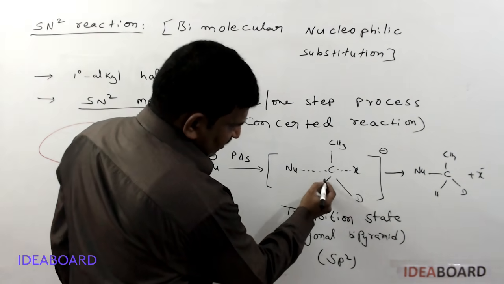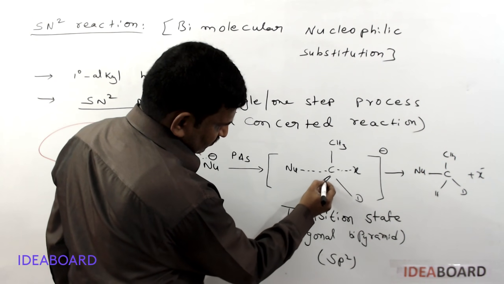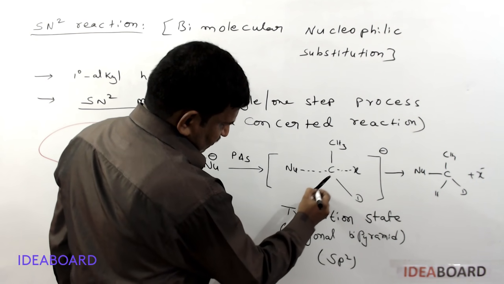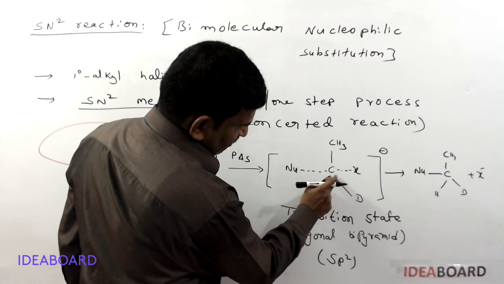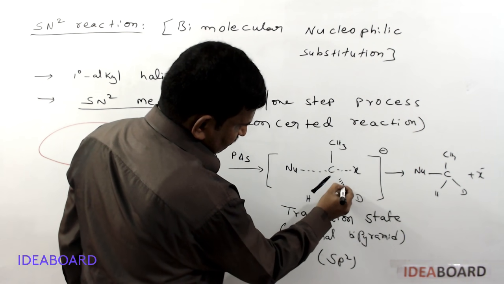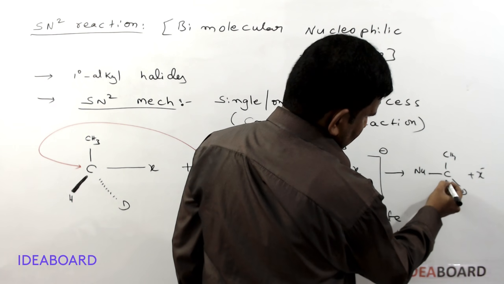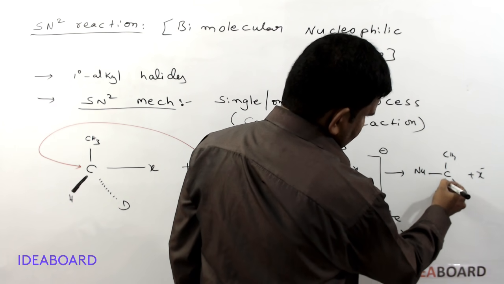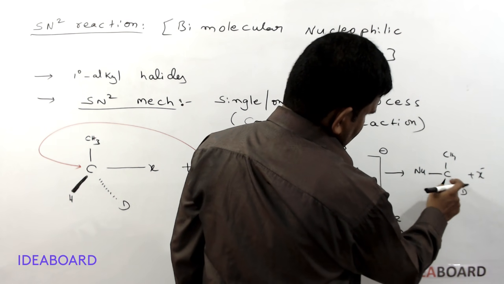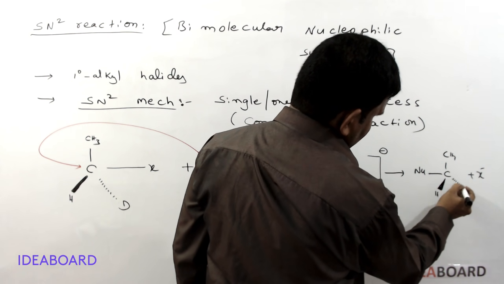Here also I am writing the wedge line, and this is a dashed line bond, and here also we can write this as a solid wedge line, and this is a dashed line.